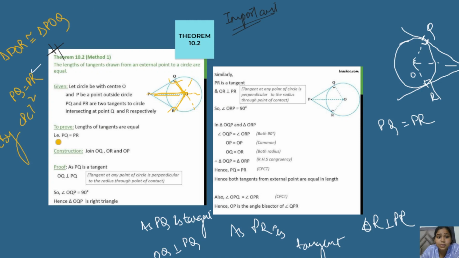CPCT stands for corresponding parts of congruent triangles. This is what we call CPCT, right? If you don't know what CPCT is, please go through our website.